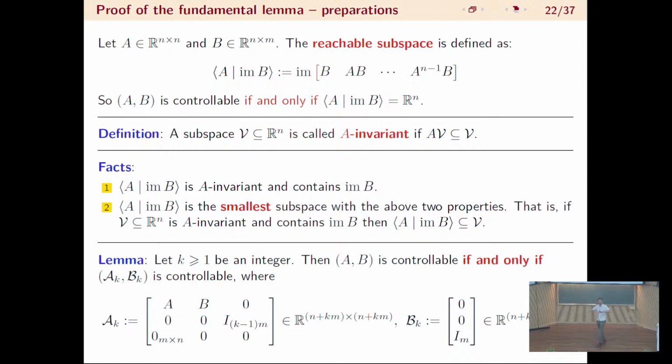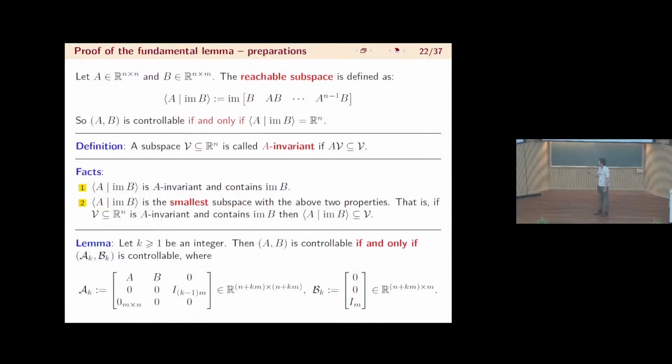And so this is an extended A matrix of size n plus km by n plus km. In addition to that extended matrix, I also define an extended B matrix, B_k, containing zeros, and finally an identity block of size n. So this is a matrix of size n plus km times n.